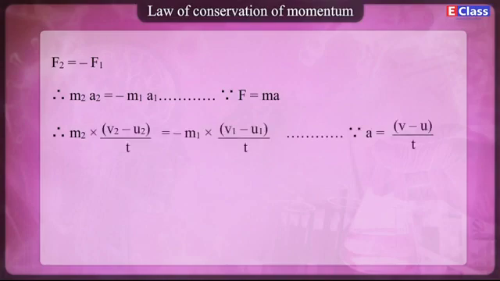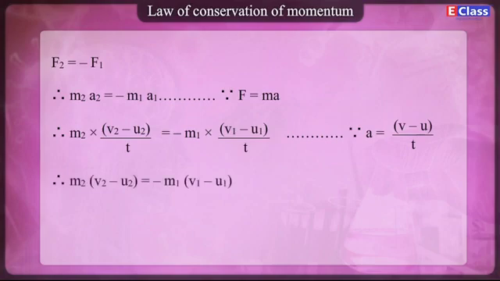Therefore, m2 multiplied by (v2 minus u2) upon t is equal to minus m1 multiplied by (v1 minus u1) upon t because a is equal to (v minus u) upon t.